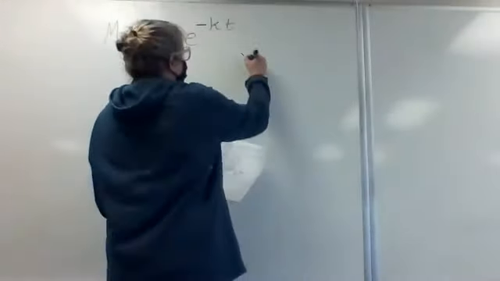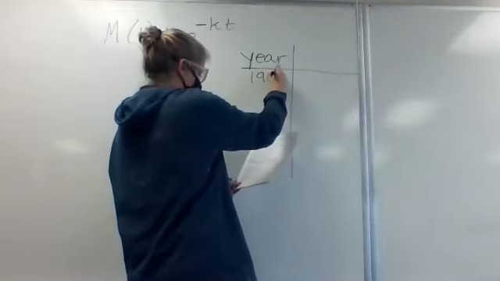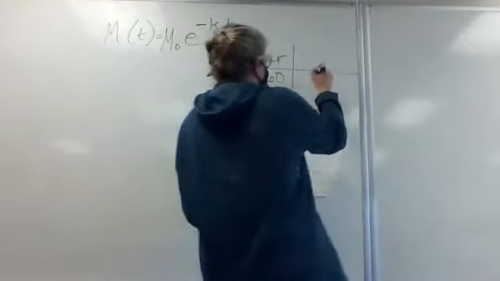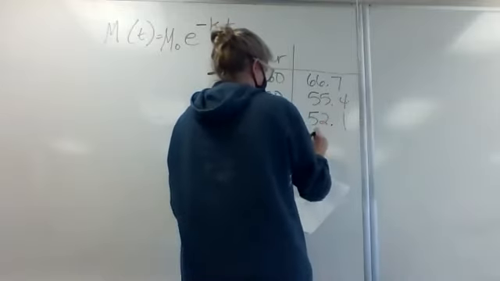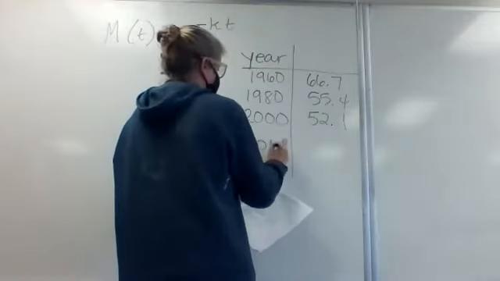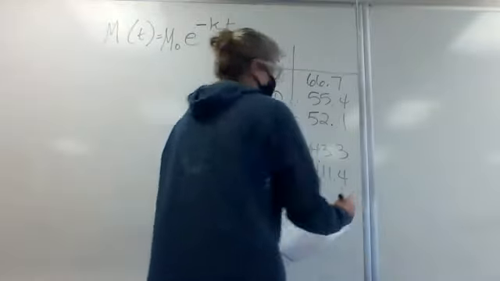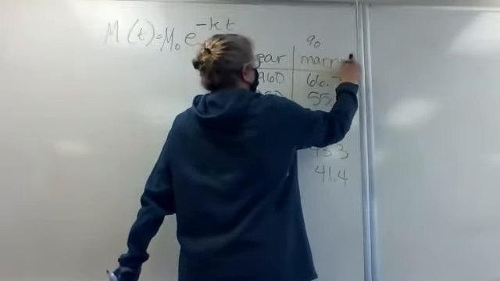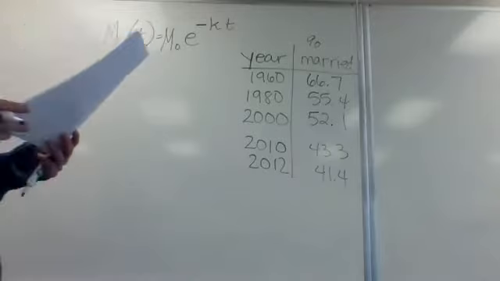All right, number 4 has this chart. The story is the data in the table shows that the percentage of adults in a country who are currently married is declining.